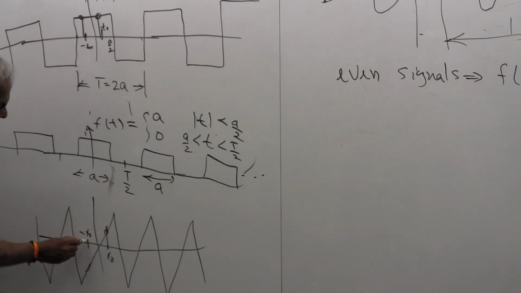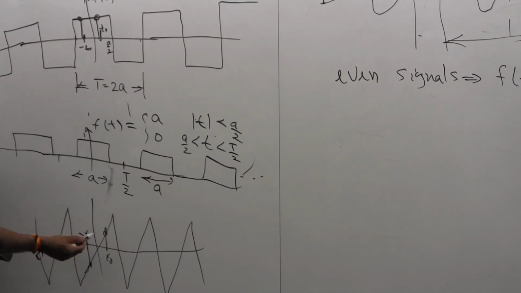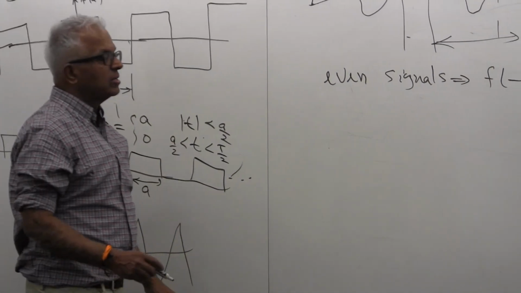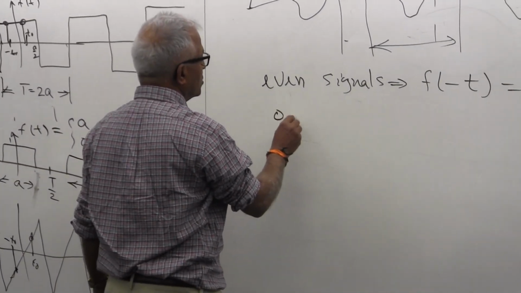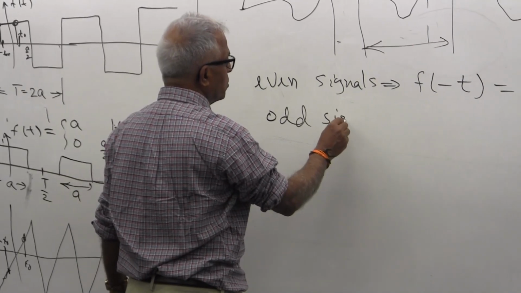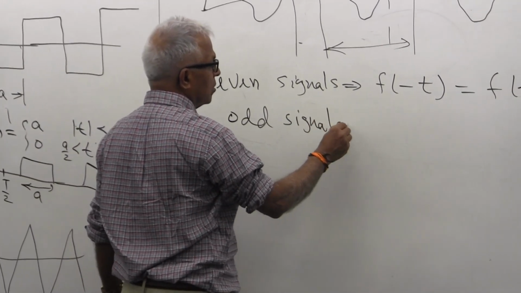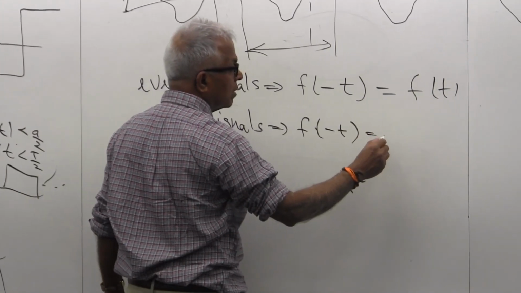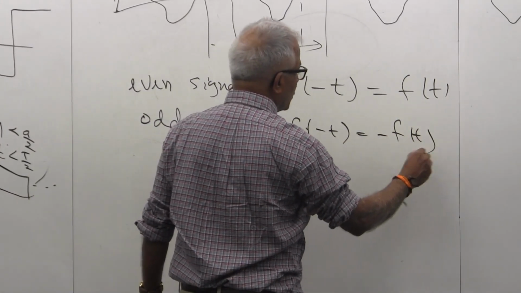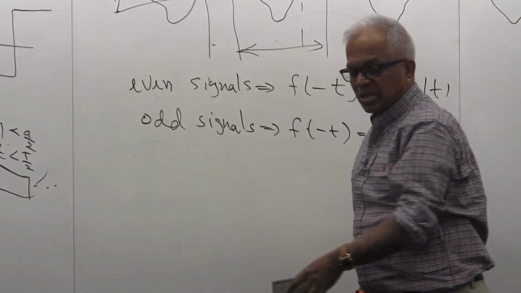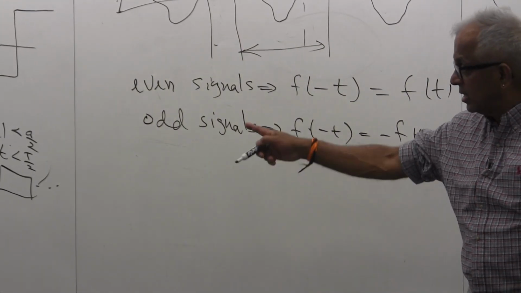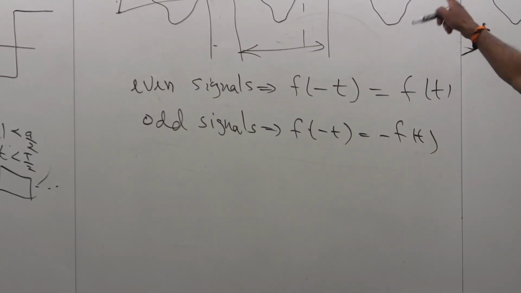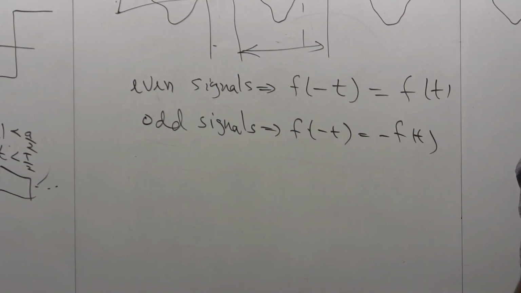So here the value is plus, here the value is minus. They are opposite. So even signals have this property, and odd signals have it with a minus sign. f of minus t is, anybody? Minus of f of t. The signals I wrote there are either odd or even, but a periodic signal only needs to have this property.